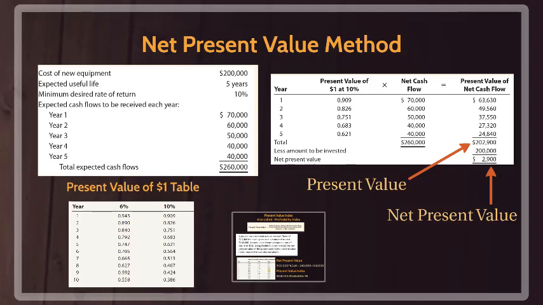Then we subtract our initial investment to figure out what our net present value is. Again, we're looking for that net present value to be 0. If it's 0, that means we met that minimum required rate of 10%, or above. If it's above, we exceeded that minimum required rate of return of 10%.